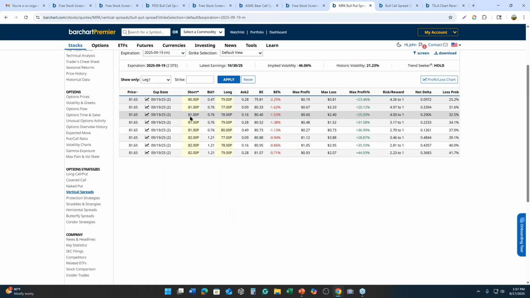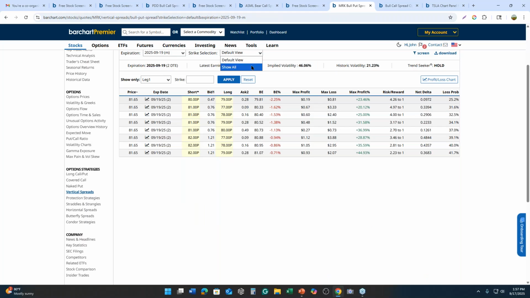And that $3 differential, that band to mean, 81 to 78. And right in that net delta, right around that sweet spot that we want to look for. If I want to be a lot more conservative, I could go down to the 80, 81. Maybe I could even go deeper.